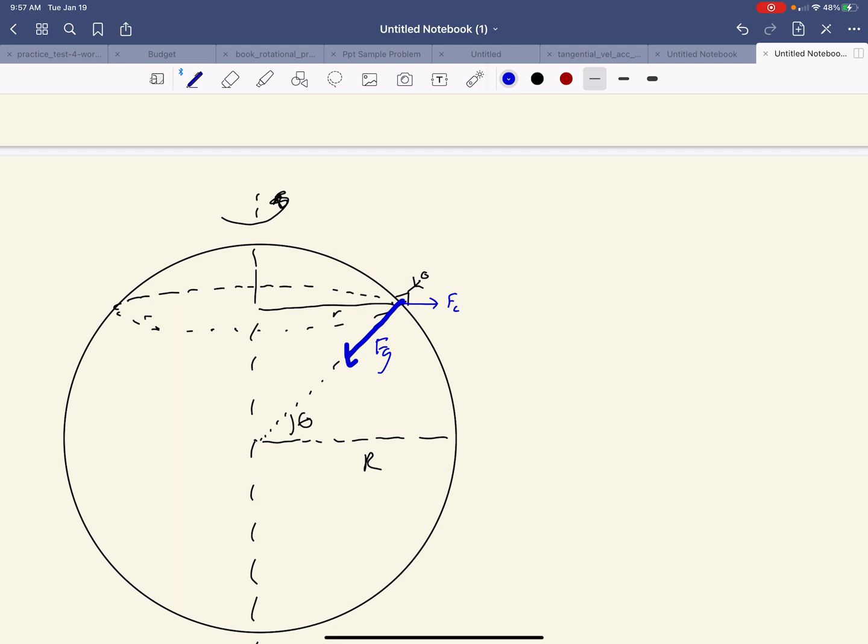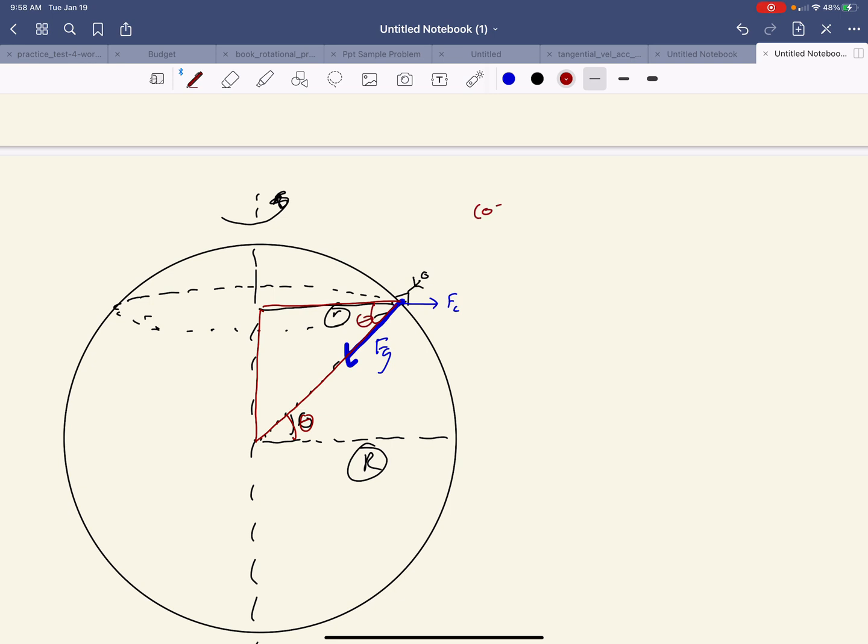So first thing we want to do is talk about the relationship between little r and big R. I'll just do the geometry in red. This triangle right here, we're trying to figure out this little r in relationship to the big R. So notice that this angle theta is the same as this angle theta.